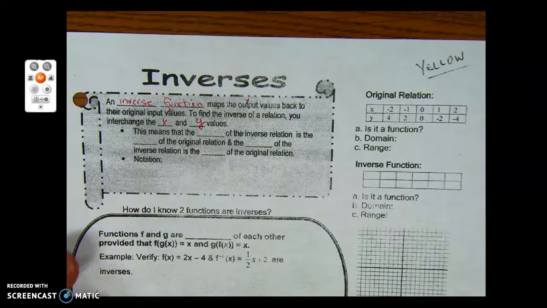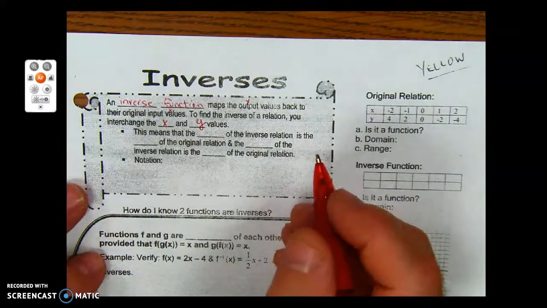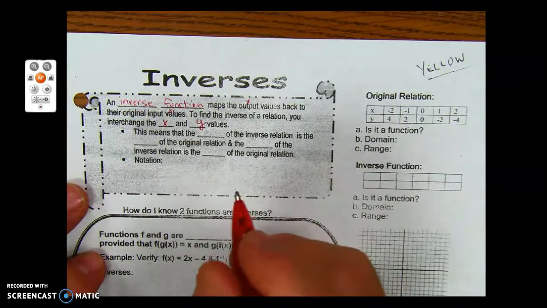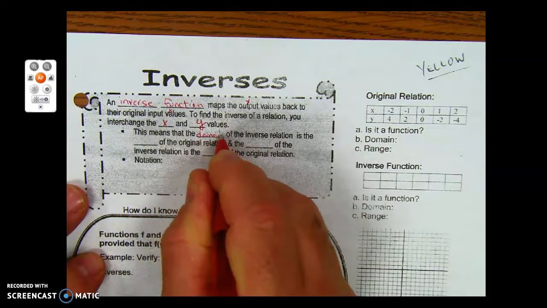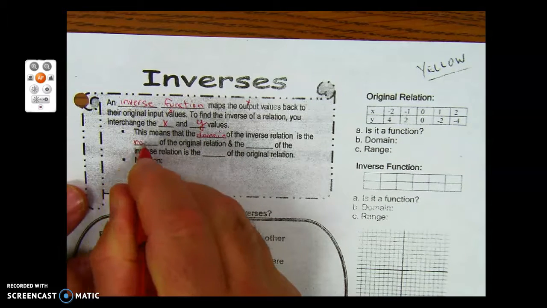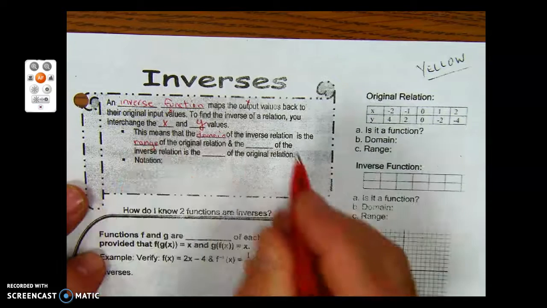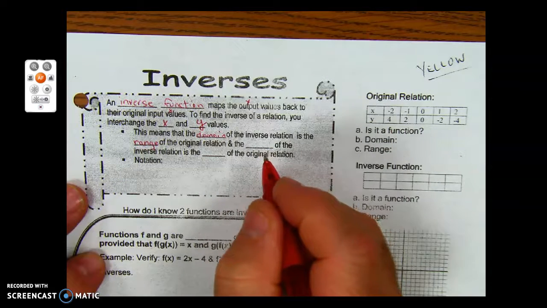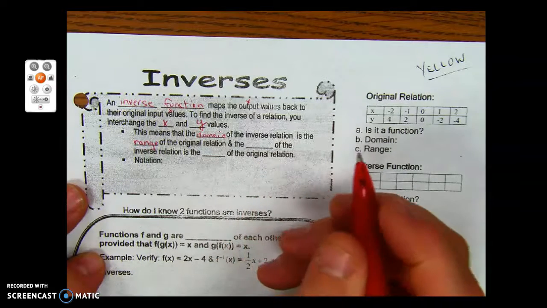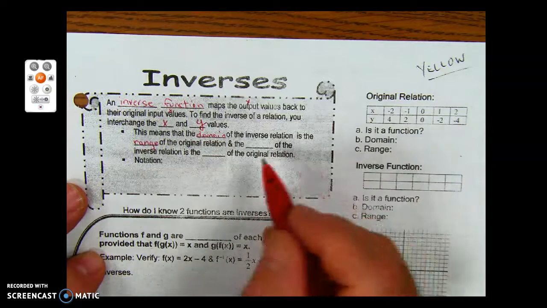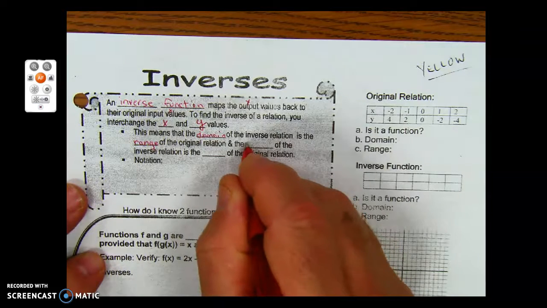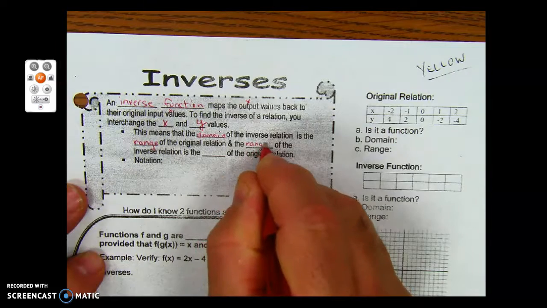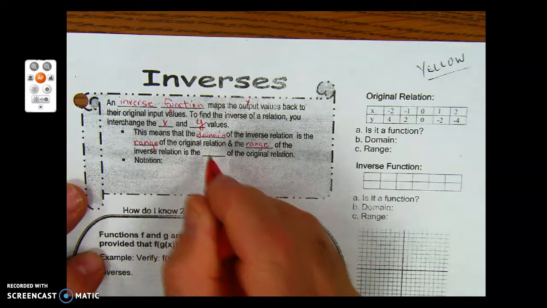This means that the domain of the inverse relation is the range. Remember, domain and range mean x and y. The domain of the inverse relation is the range of the original one, and the range of the inverse is the domain.